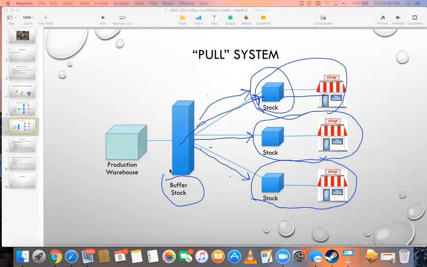I need to be careful saying this, because it's not really a buffer stock, it's like a large stock. The production warehouse has a stock of stuff, but inside of it they'll put buffer stocks to guard against oscillations in demand, like I mentioned earlier. They can also put buffer stocks here too. Buffer stocks can go anywhere that they can relieve demand oscillations.